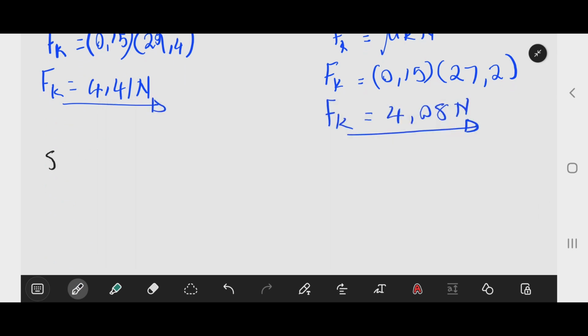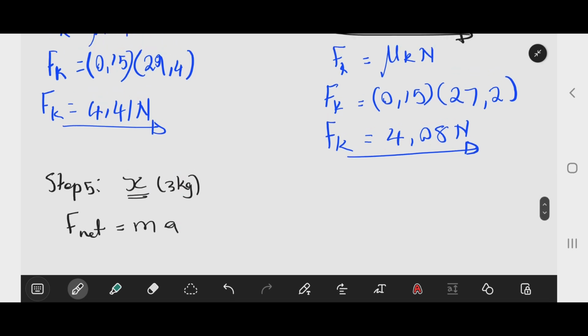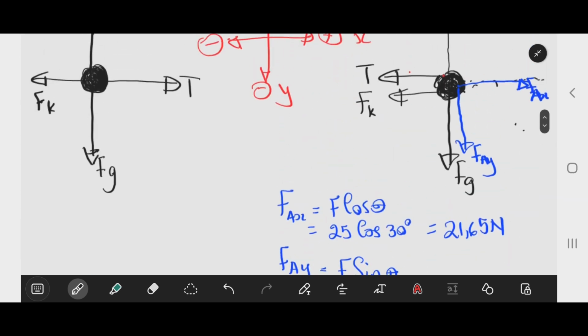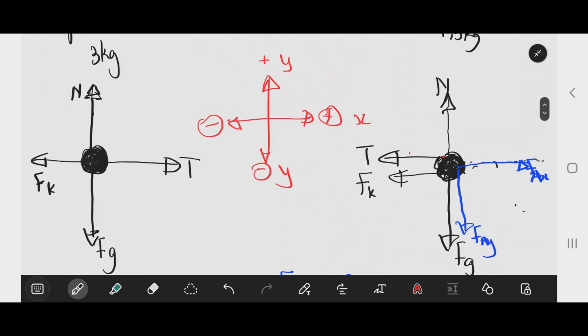So step number 5, F net in the x-axis, right? For the 3 kg, that would be F net equals ma. So let us check how many forces are acting in the x direction for the 3 kg. You have tension, which is positive, and then you have friction, which is negative.